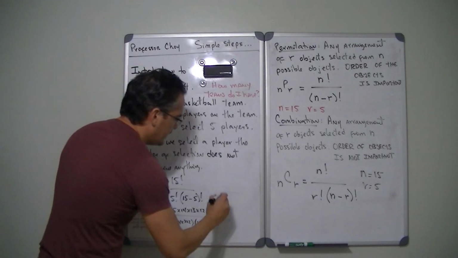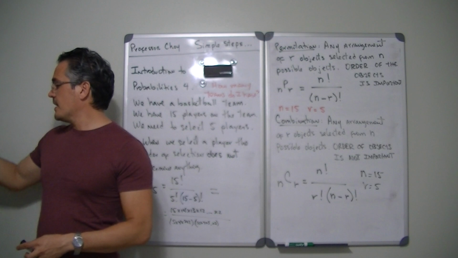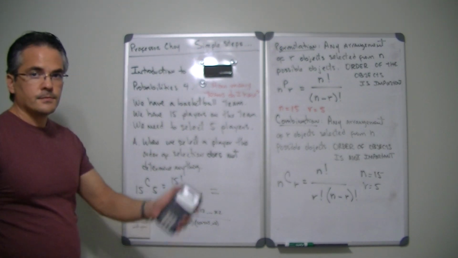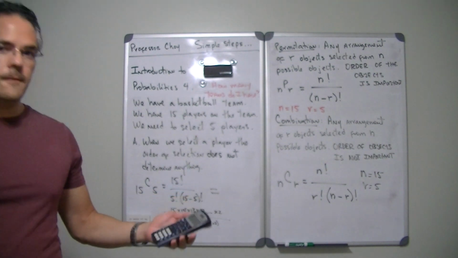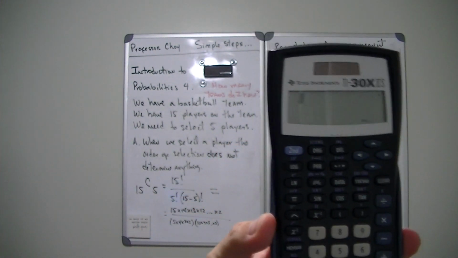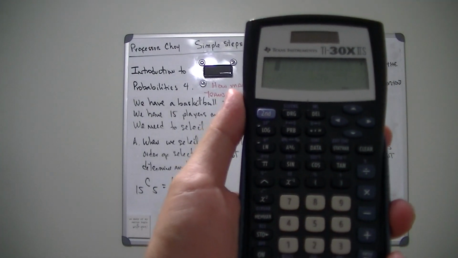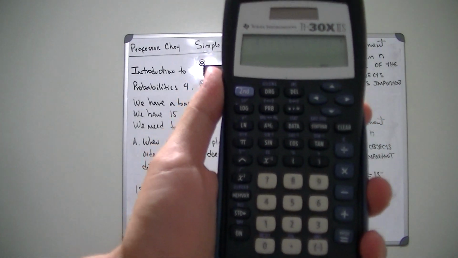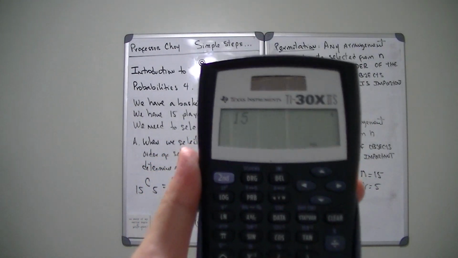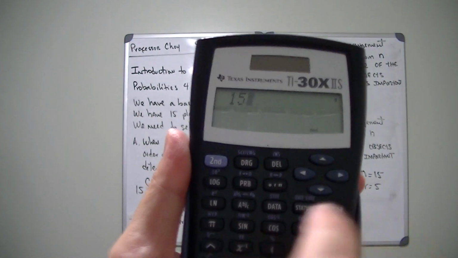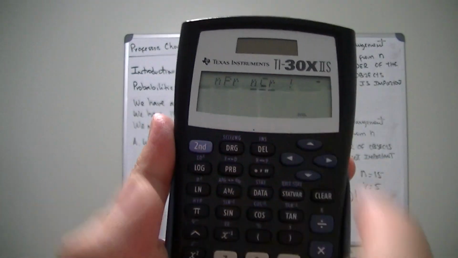Now if you don't want to do that, you got to find where the shortcut is in your calculator. So let's do it on my calculator. Again, you go to the PRB function. So what I got to do is I got to put the n first. So I put 15. And then after I put the 15, I do PRB, and then I move it to NCR.